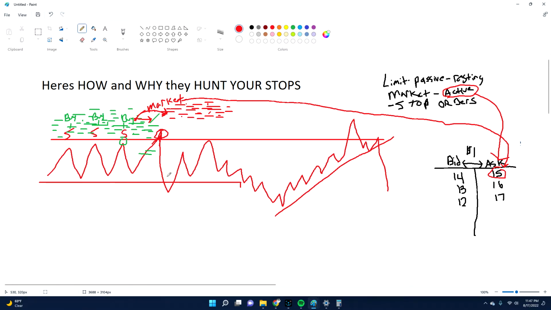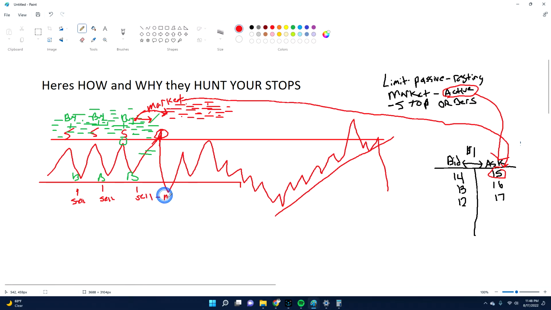And on the way back down, you have on the other side the same thing built up, except this time, you had people that bought. And then below, as you know, in order to get out of a buy when you're wrong, you got to sell, right? Okay? What happens when you sell?